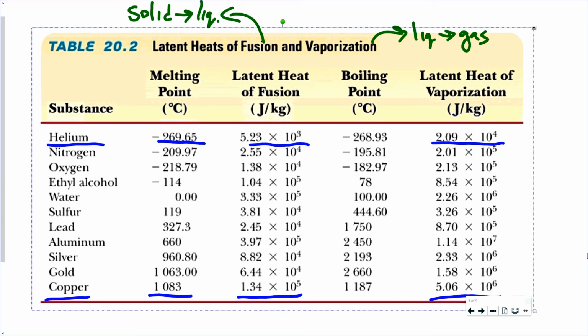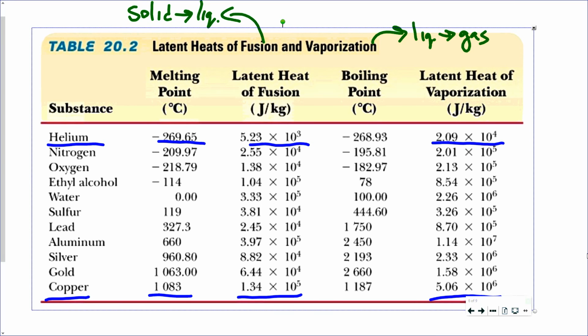However, when we're talking about heat transfer, fusion actually means changing a solid into a liquid, which is kind of counterintuitive because you're thinking about pulling those water molecules apart. So heats of fusion have to do with changing from a solid to a liquid. Heat of vaporization is going from liquid to a gas. So there are opposite latent heats here.